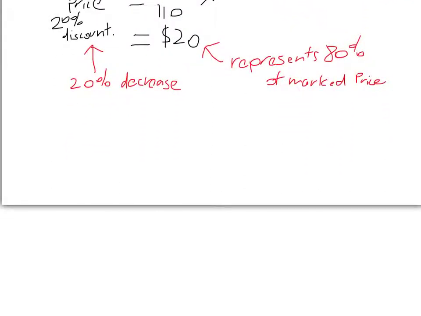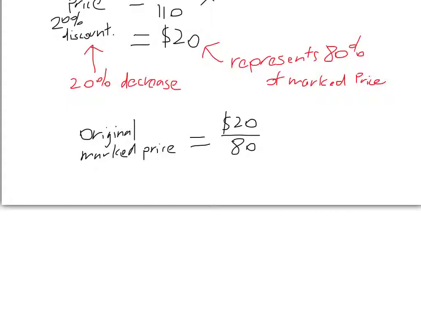Therefore, to find the original mark price, we simply take this $20 divided by 80, because it's a decrease of 20%, which is 80% after the 20% discount, times 100, and you will get $25.